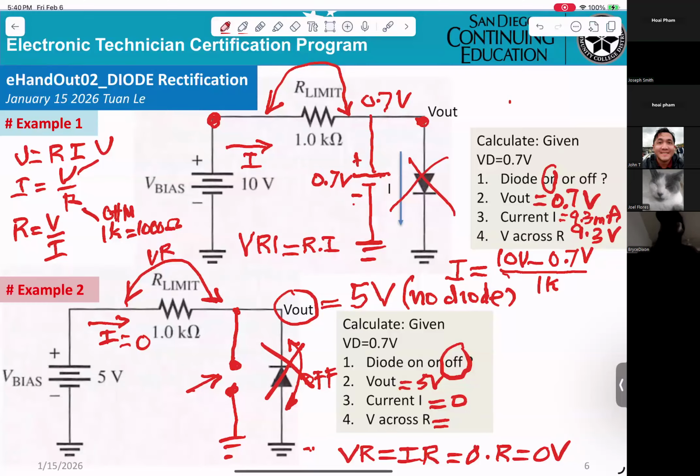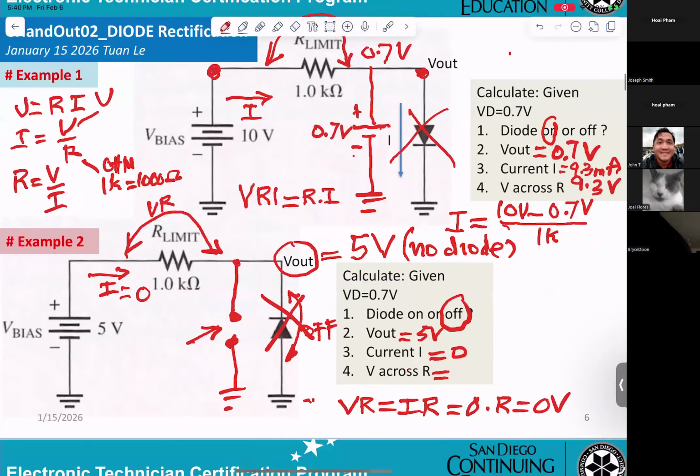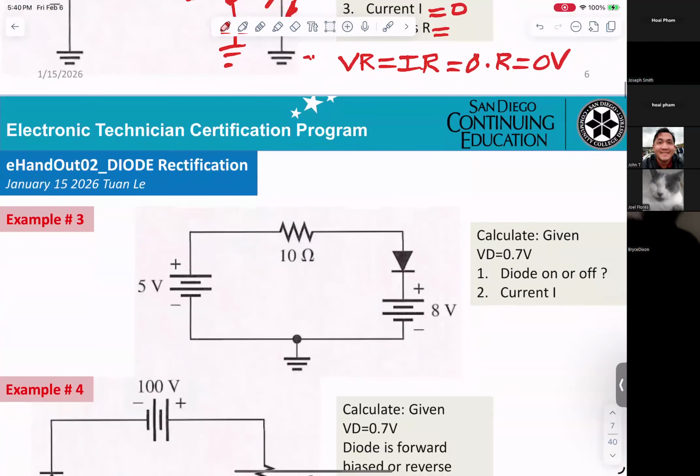Okay, if not, we go. Number 3. Again, if you're looking at a circuit with a diode, you have to come up with diode on or off. That's the first thing you have to do.